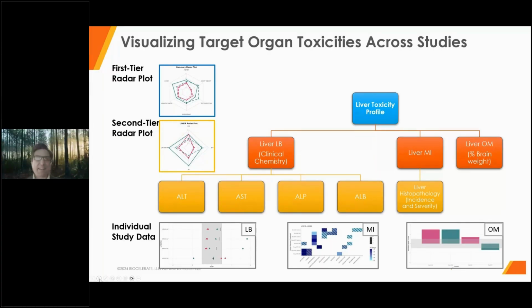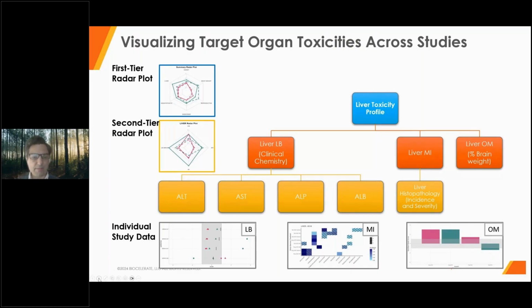Thank you, Stephanie. Thanks for taking us through such an important conceptual basis for what we've put together here. As she went through, we went from this top tier radar plots all the way down through the individual study data.